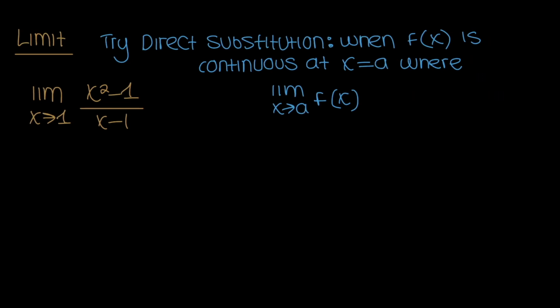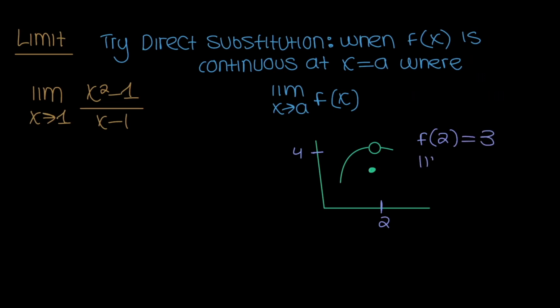Not defined, right? This is a topic for later, but if I have, let's say, this going on, I can have a hole here. Let's say this is 4 and this is taking place at 2. f of 2 will equal 3, but the limit as x goes to 2 of f of x will be 4.